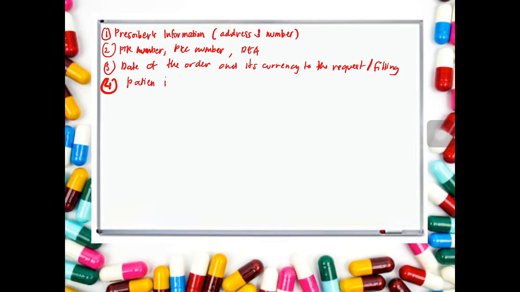Patient's identification information. Or if it's applicable for the dose determination, you should check for patient's age, weight, or other applicable parameters.